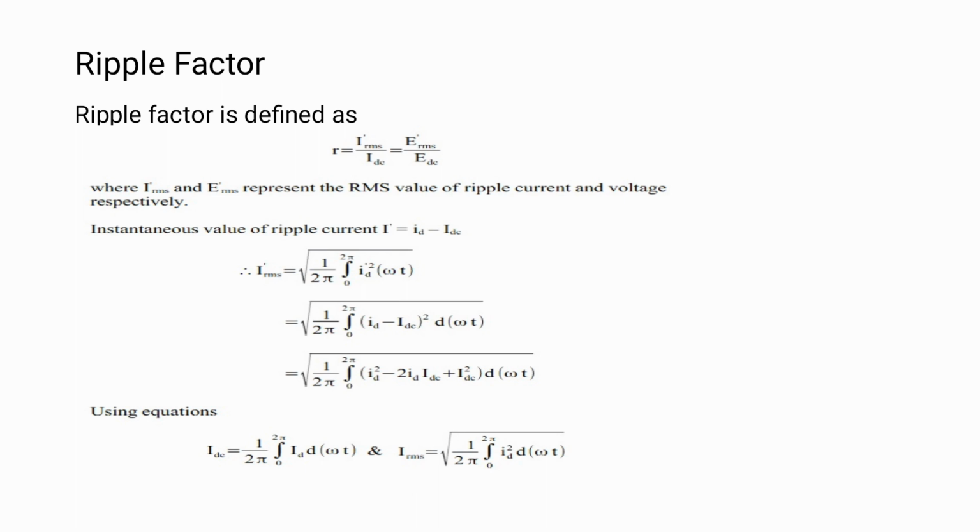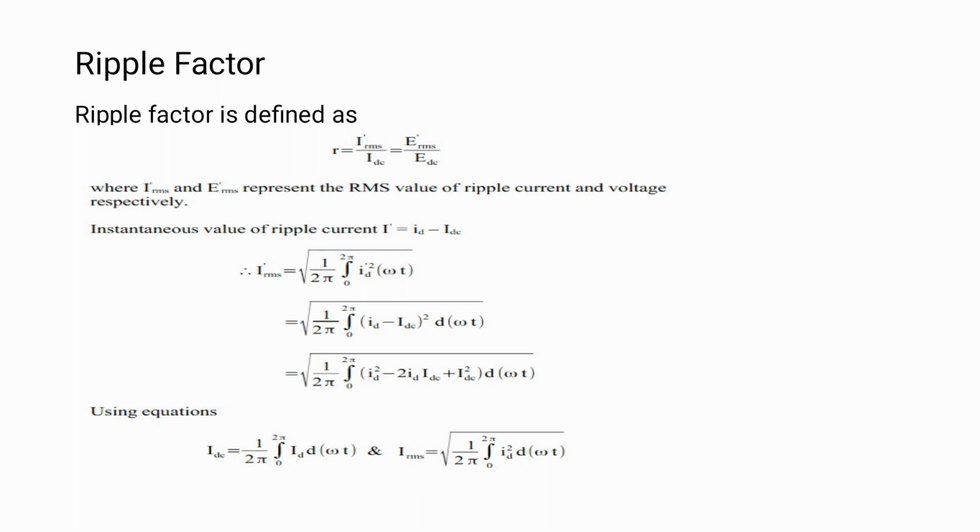So this is r equal to I'RMS by IDC or E'RMS by EDC, where I'RMS and E'RMS are represented by the RMS of ripple current or voltage. So first we have to find the ripple current, which is equal to ID minus IDC, because ID is the diode current and IDC is the DC component of the output current.